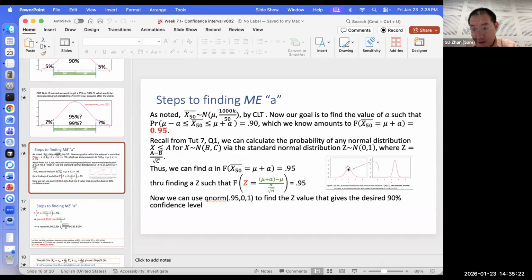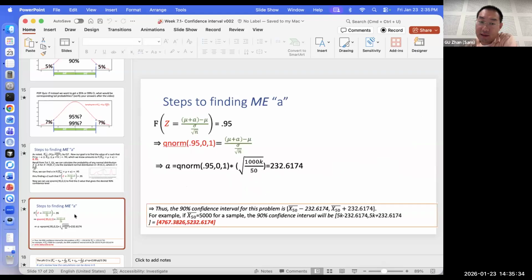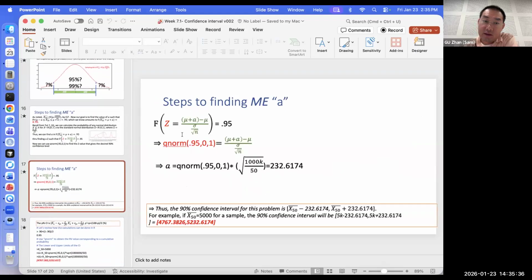Then the area up to 95 is the 5% plus the 90 in the middle. Then what is that value? After a few calculations and conversions, you will find this formula: the margin of error equals the critical value times the square root of variance divided by sample size.